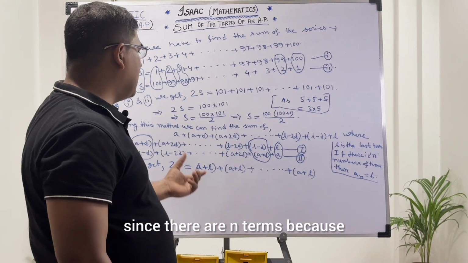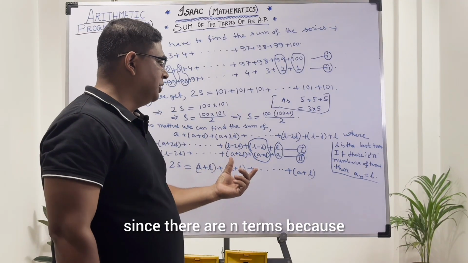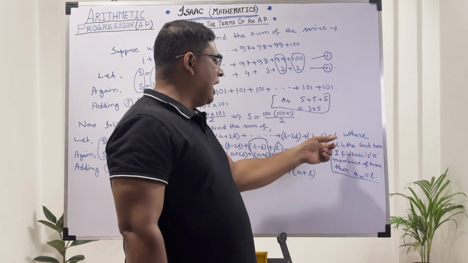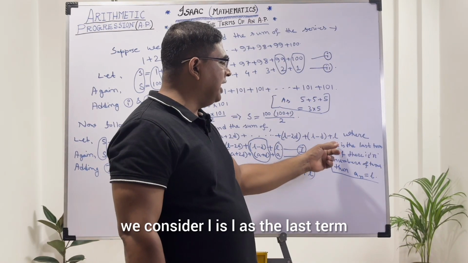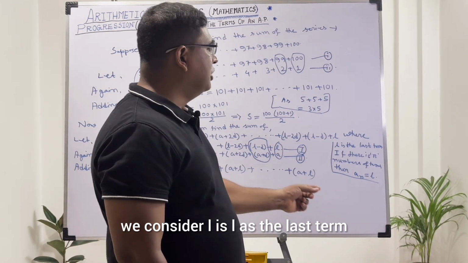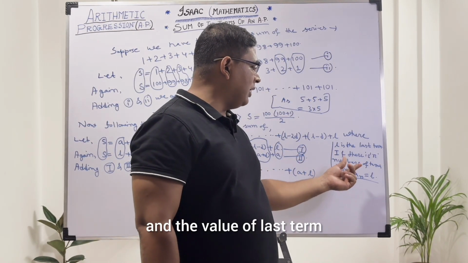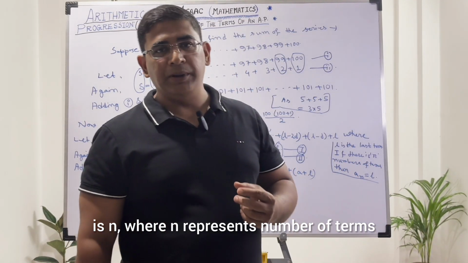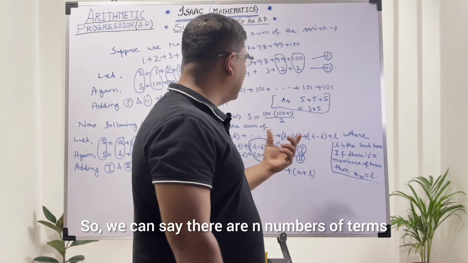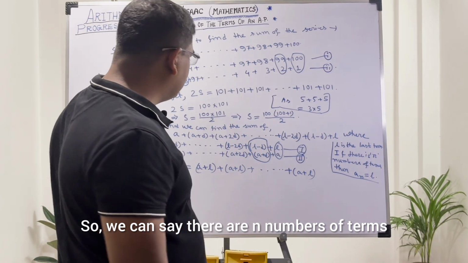Since there are n terms, because according to this concept, we consider l as the last term and the value of the last term is n, where n represents the number of terms. So we can say there are n numbers of terms.